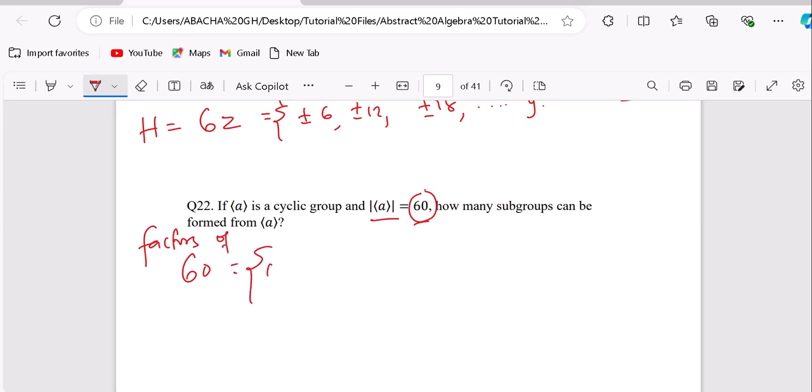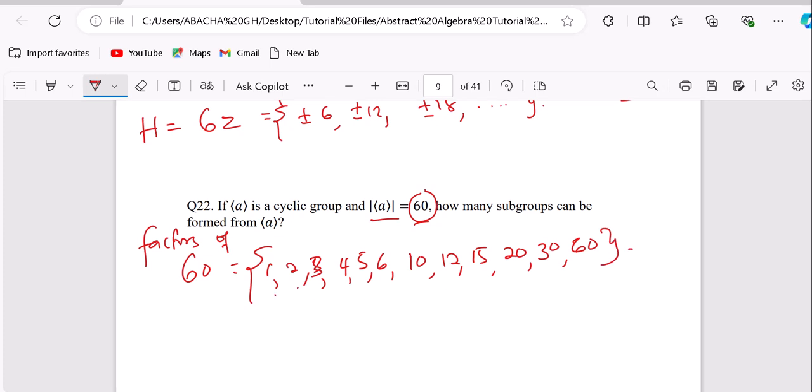So if I take 60, the factors of 60 are 1, 2, 3, 4, 5, 6, 10, 12, 15, 20, 30, and 60.